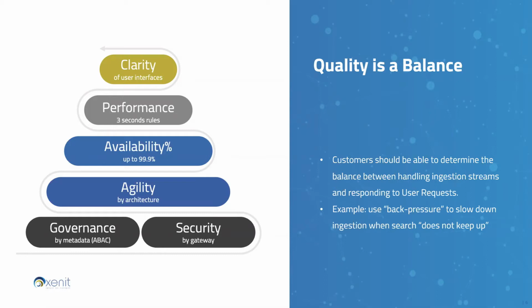If I want to ingest 1 million documents in an hour, that will have an impact on the search performance that you will have, because you can only use a resource once. And those kind of trade-offs should be explicit, and the customer should be empowered to make them. And that's architecture as we see fit for Alfresco.